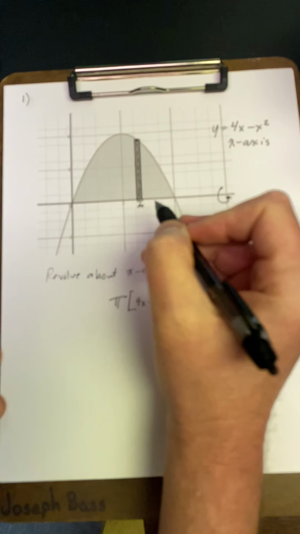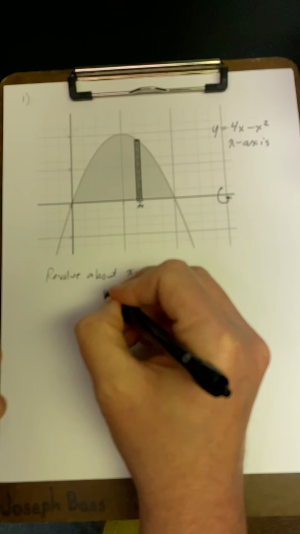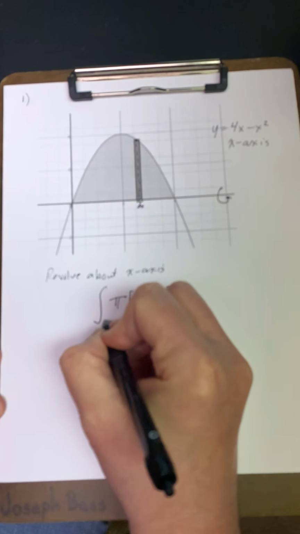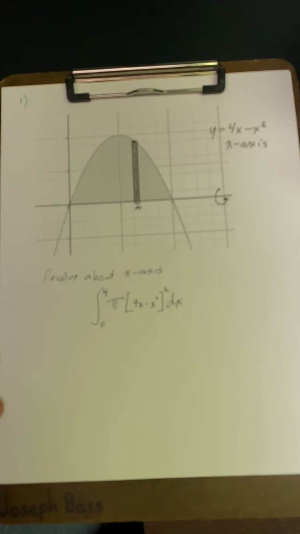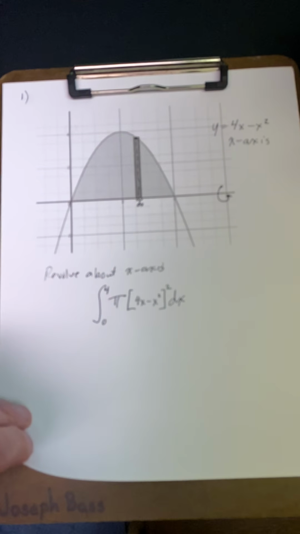Height, the height of that little disk, is going to be dx. Add them up, take limits, integrate as x ranges from 0 to 4. Okay, so that was problem 1.